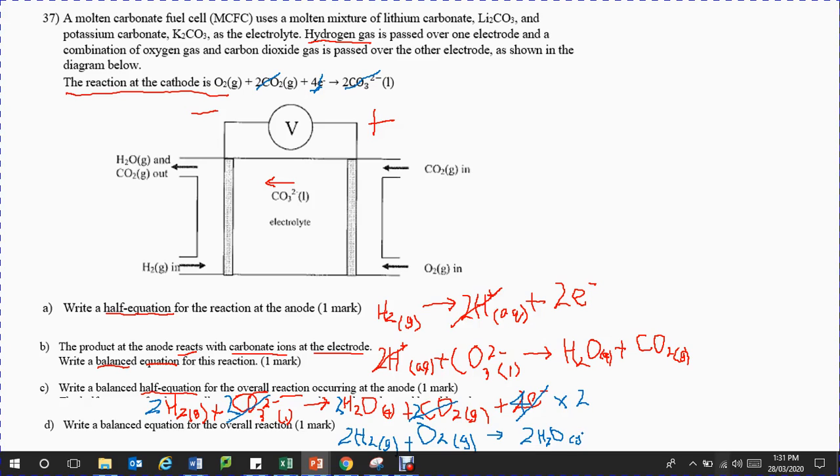Okay, and that is my overall reaction, taking the anode and the cathode together.